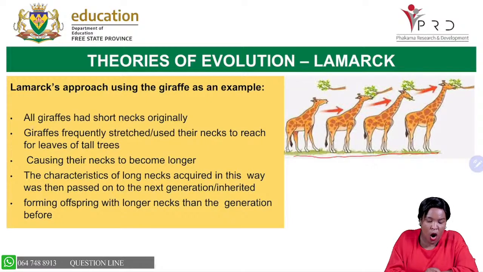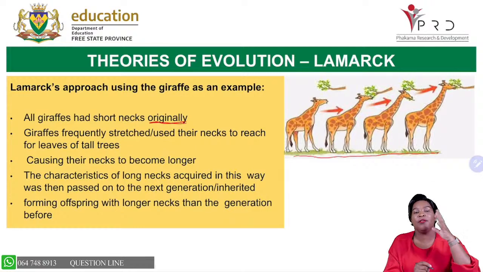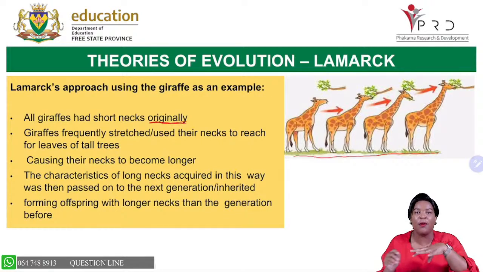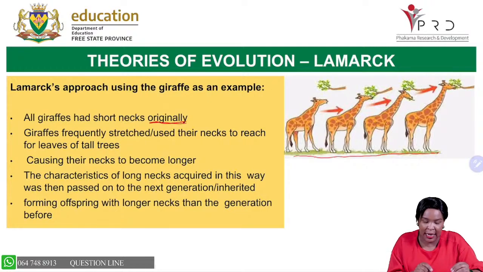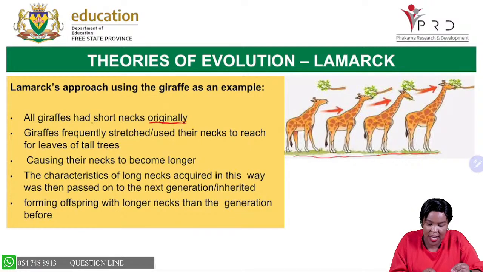He will say, all giraffes had short necks originally. Please take note of that, because this first statement is what makes his theory different from Darwin's theory. Because Darwin speaks about all organisms, there was variety, there was variation. But according to Lamarck, all giraffes had short necks originally.